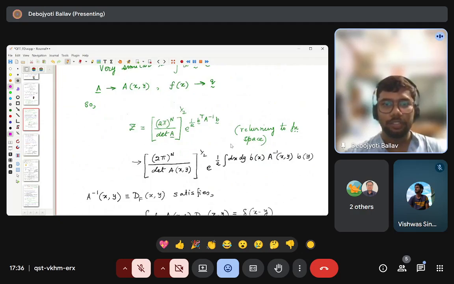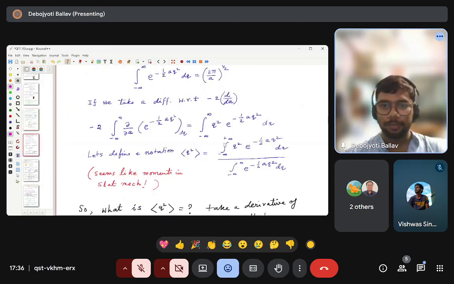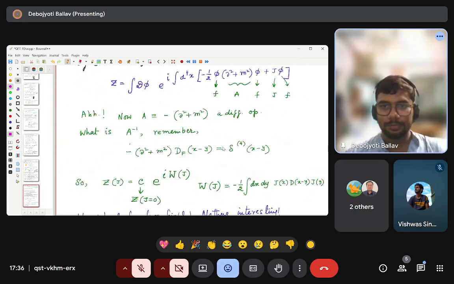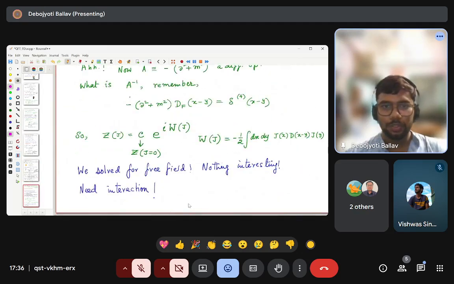We are exactly doing this. So this is the c factor, and this factor is your omega j. So this omega j you can just readily read out from this integral, because this integral is exactly familiar.